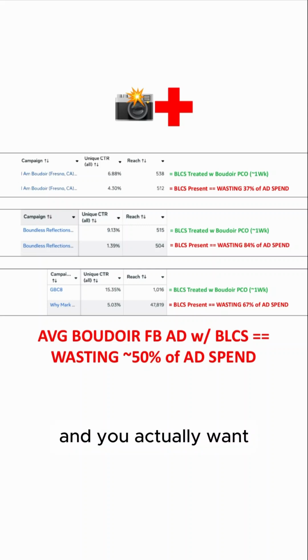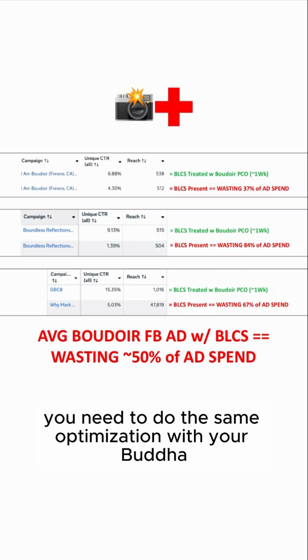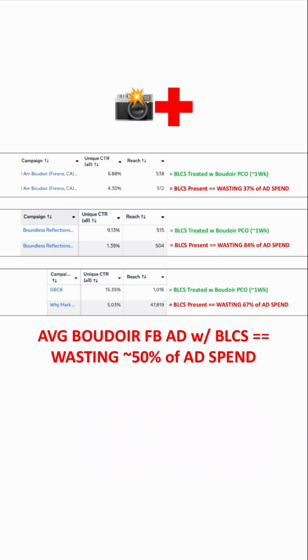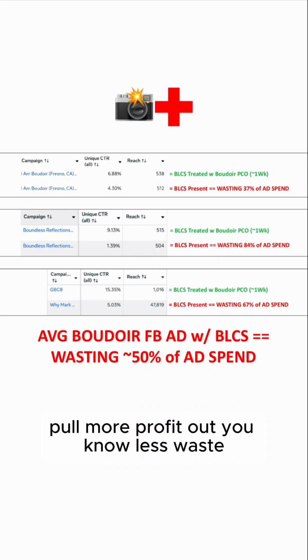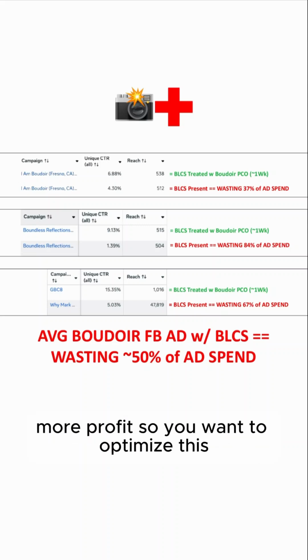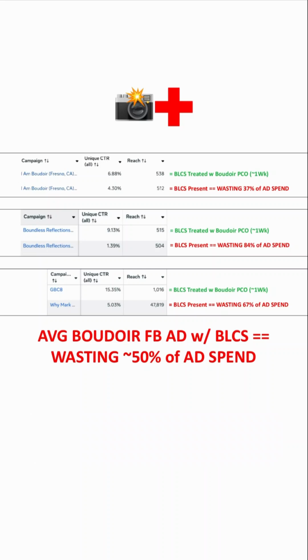And you've decided now you need to do the same optimization with your boudoir Facebook ads. So the Facebook ad part of your business, pull more profit out, less waste, fewer inputs, same profit or more profit. So you want to optimize this.